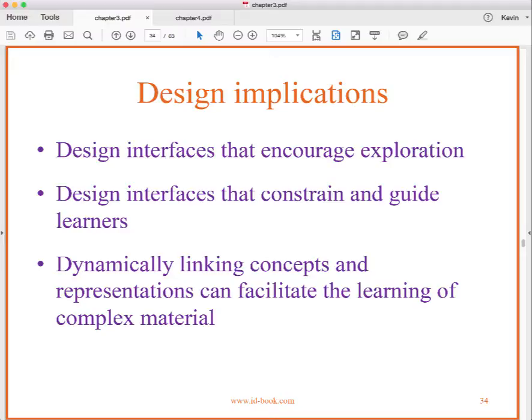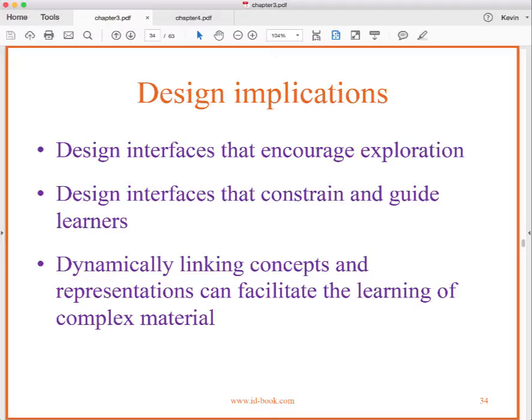We want to design interfaces that constrain and guide learners. The opposite of surfing is, well, the opposite of surfing is being on dry land, said by a former surfer. But there are times when we want the test to be very explorable, and there are times when we don't want the exploration to go in any direction because we know, because of the test that we're doing, that exploration in some directions is not going to be productive.